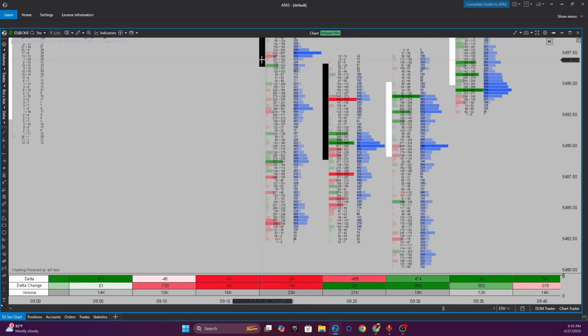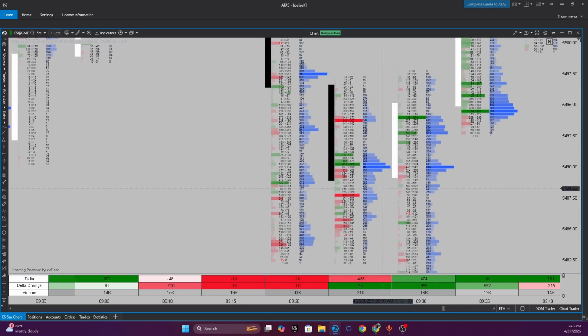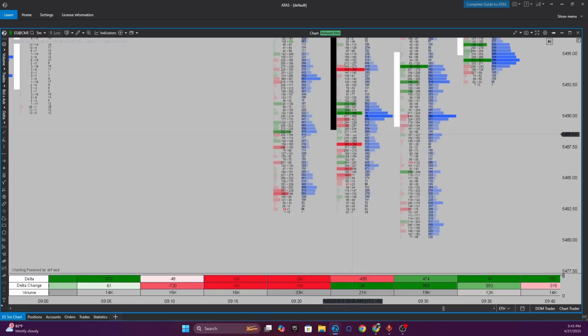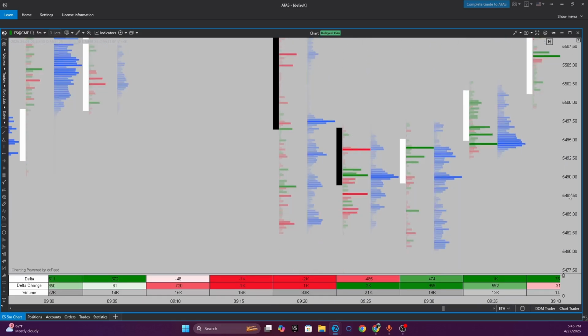But look what's happening in these wicks, right? We're seeing a large seller delta get introduced here at these lows. And that seller delta is indicated by these red bars, right? We're majority selling delta down at these lower areas, and we do have decent significant volume at these lows.